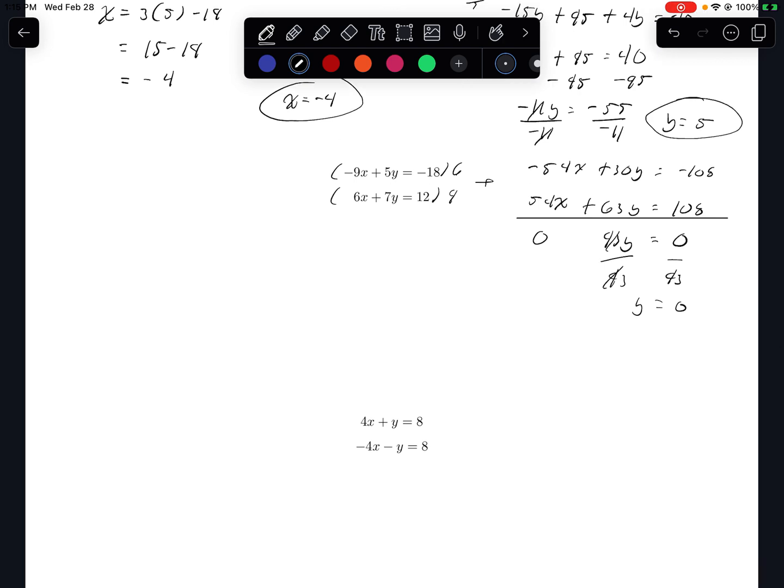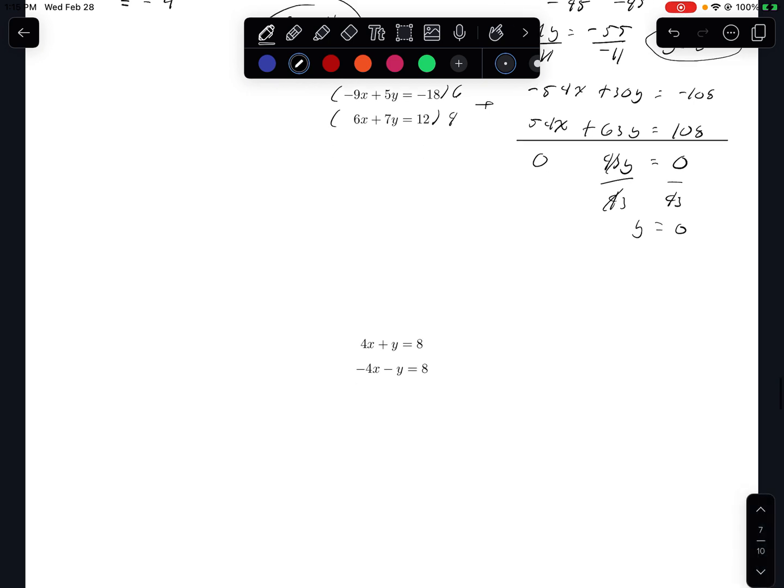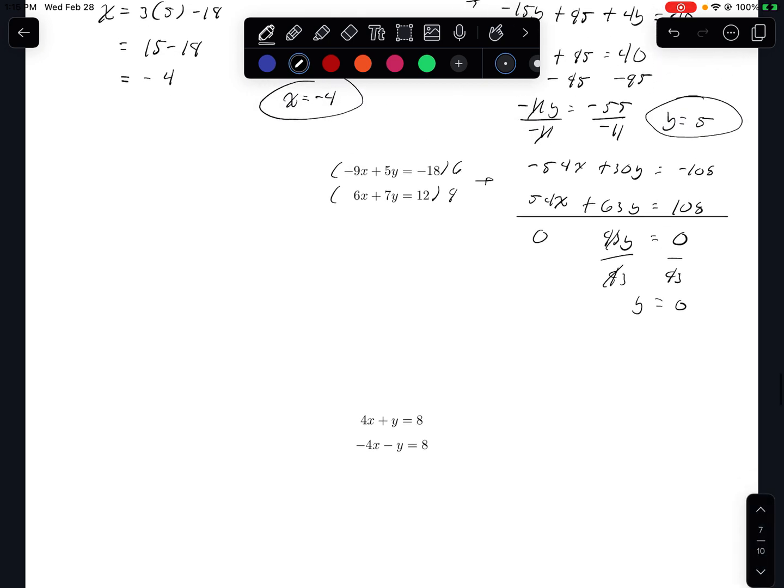So if y is equal to 0, we can take that value and we can plug it into either of these equations here. So let's plug it into the second one. So we have 6x plus 7 times 0 is equal to 12. Okay, so 7 times 0 is 0, so we have 6x is equal to 12.